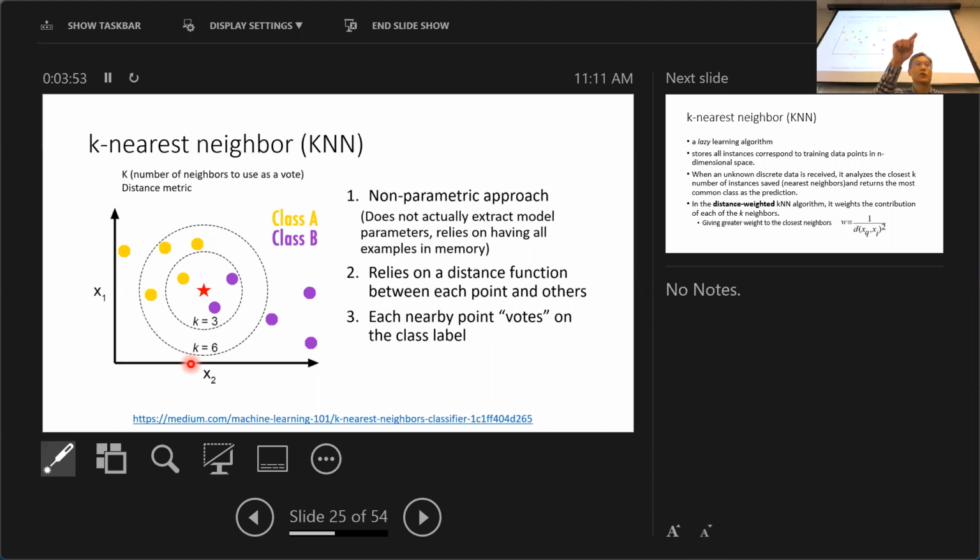Computing the distance between your test data point and others in different ways will probably give different results. We mentioned there are some different ways to compute the distance. Of course, Euclidean distance is most commonly used.